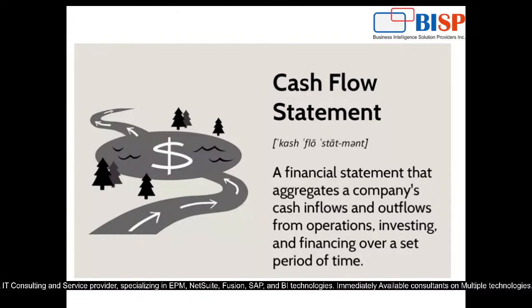There are two formats of cash flow statement. First is the direct method, and the other one is the indirect method. So in the direct method, operating cash flows are presented as a list of ingoing and outgoing cash flows. Essentially, the direct method subtracts the money you spent from the money you received.